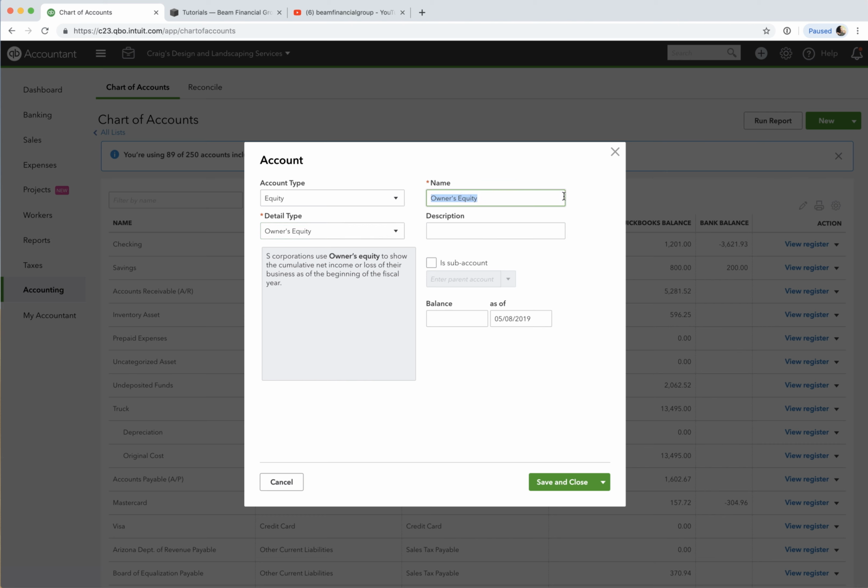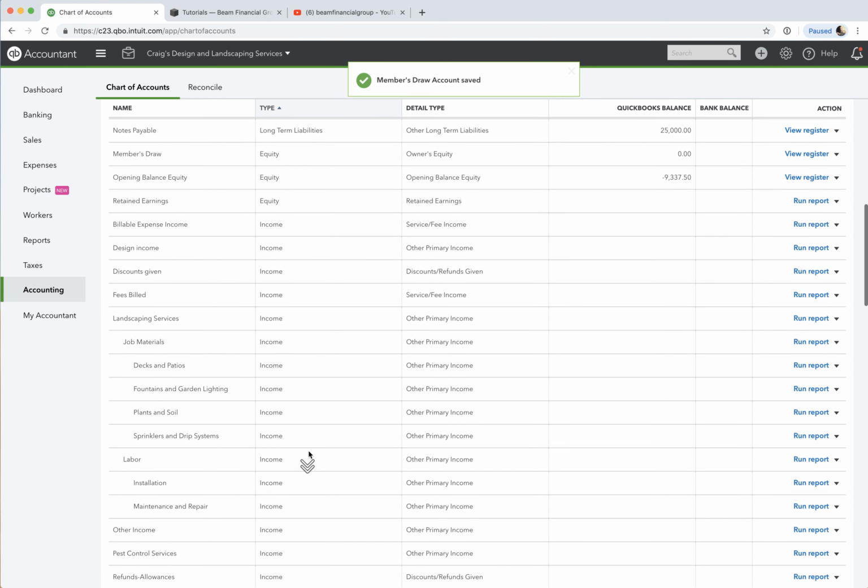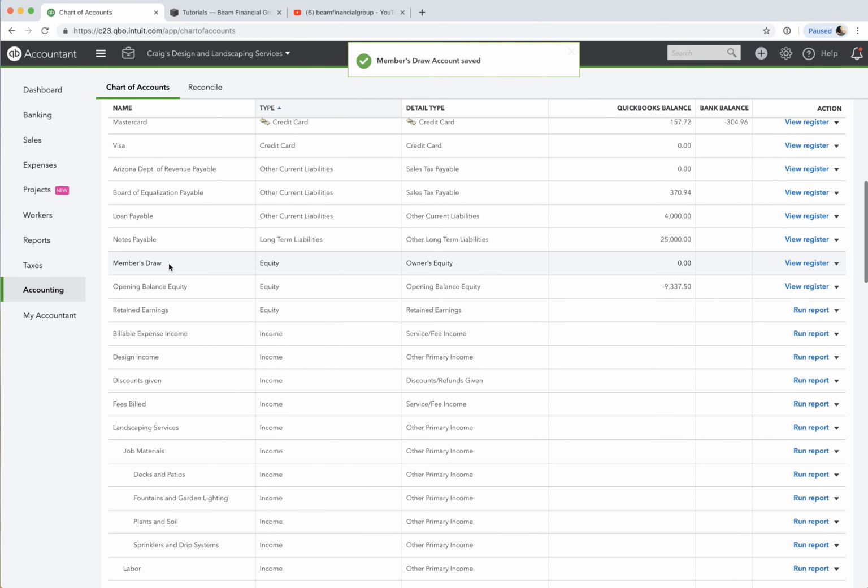So if you're a sole proprietor, you're an owner, so we just call it owner's draw or owner's distribution, whatever you prefer, same thing. If you're an LLC, let's say we're that for this example, you're a member, so it would be member's draw. And then that's pretty much it. You're just creating this draw account here, and then we'll save and close.